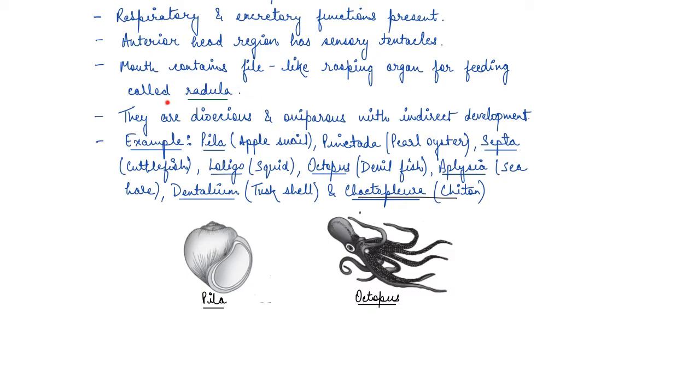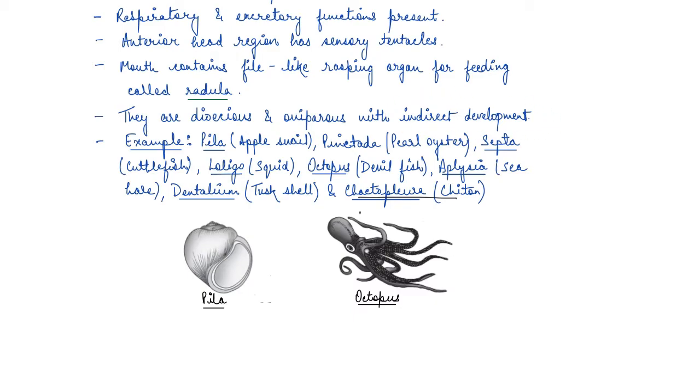When it comes to reproduction, they are again dioecious, so sexes are separate and they lay eggs. So they are oviparous with indirect development, that means larval stage is present.